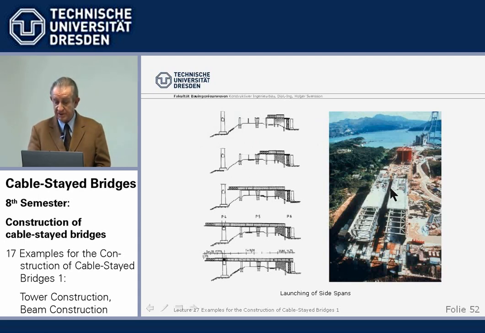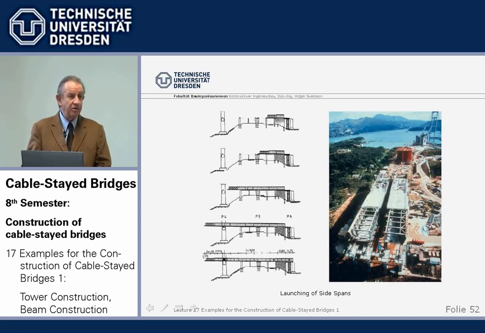We see here during construction, the concrete beam. And now in the final stage, we start here with the steel beam. We used the first sections of the steel beam as a launching nose for the incremental launching method, which sounds very reasonable, and it is.